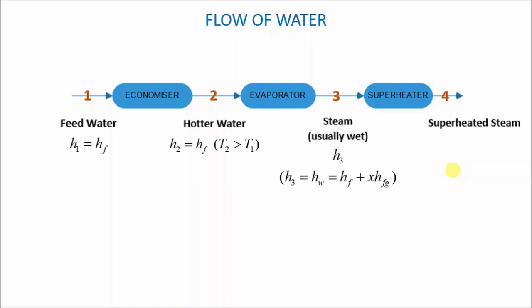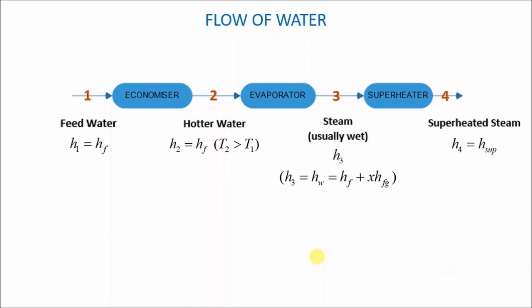And the formula for superheated steam is given to you by the formula for HSAP, okay. So H4, the enthalpy at state 4, is superheated enthalpy, okay, and so it is HSUP. Some people refer to it as HSUP, but I like to say HSAP, okay. So H4 is an HSAP.